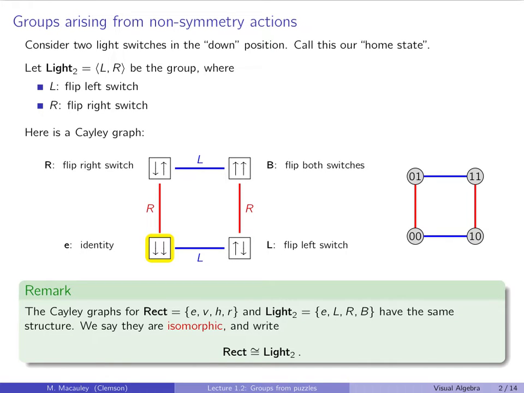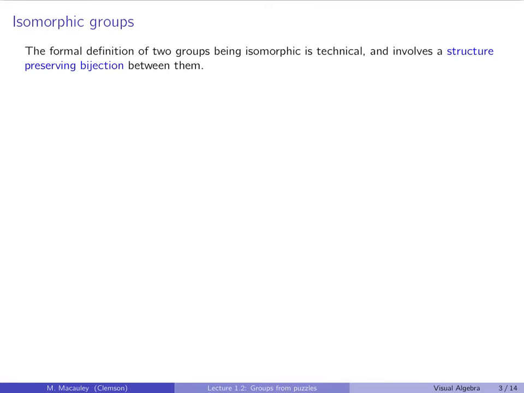And this was our first example of two seemingly different groups having the same structure and therefore being isomorphic. The formal definition of two groups being isomorphic is technical, and it involves a structure-preserving bijection, or one-to-one correspondence, between them, called an isomorphism.